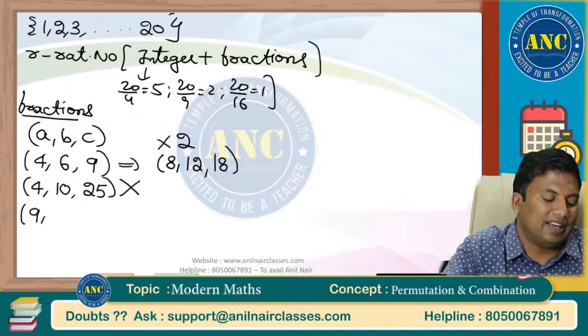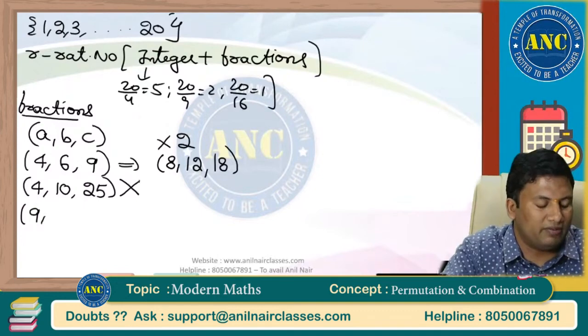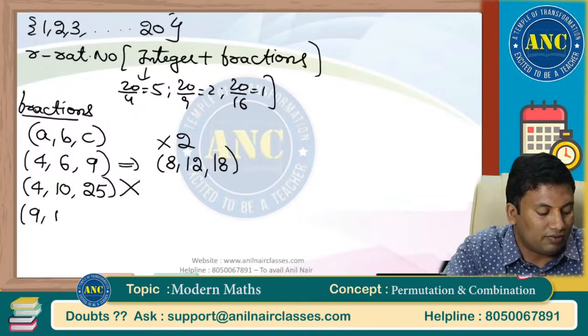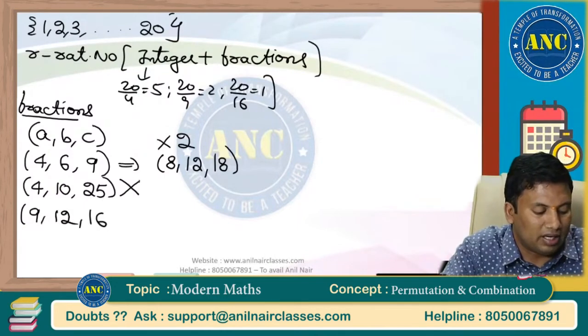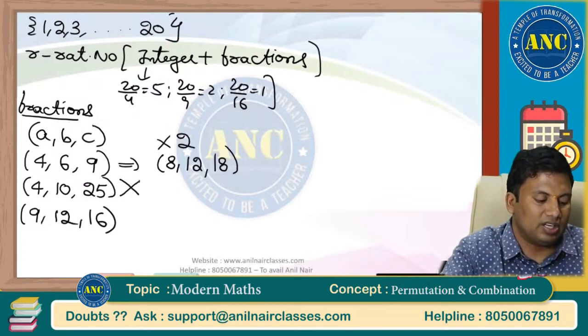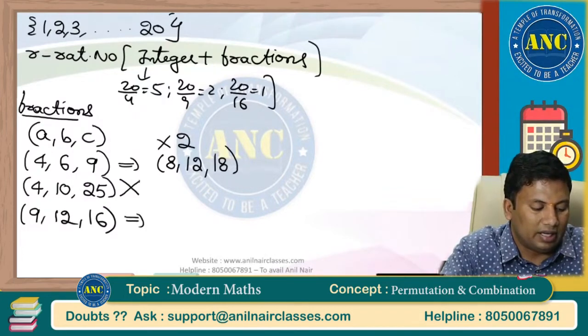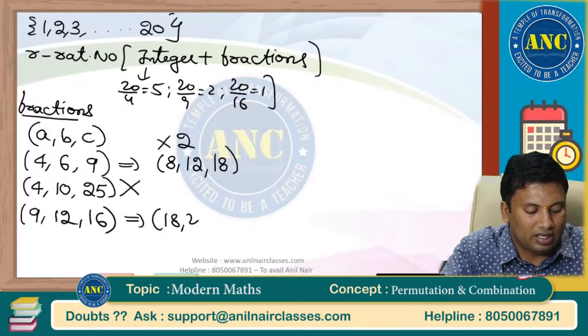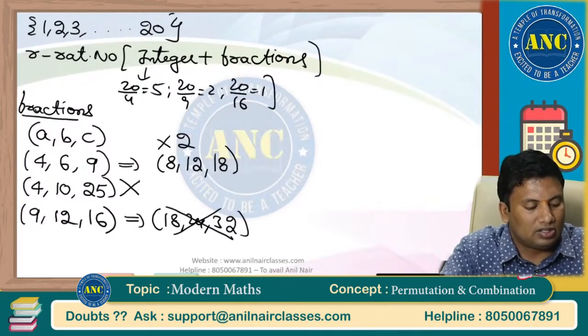3 3s are 9. After 3, what is co-prime with 3? So, 4. 3 and 4 are co-prime, 12. 144 by 9, which is nothing but 16. Derived will be 18, 24, 32. These are also not possible.